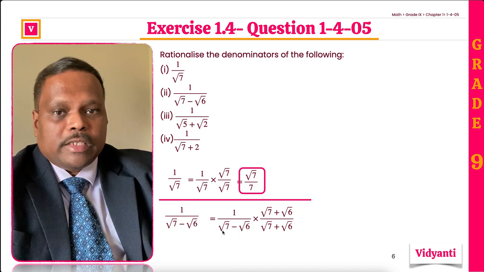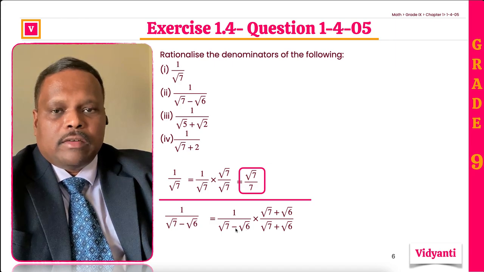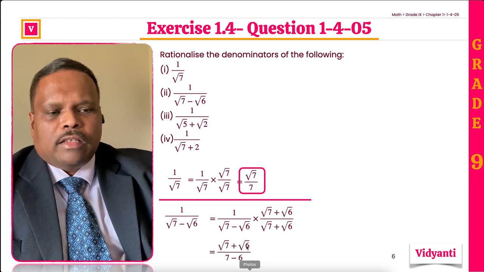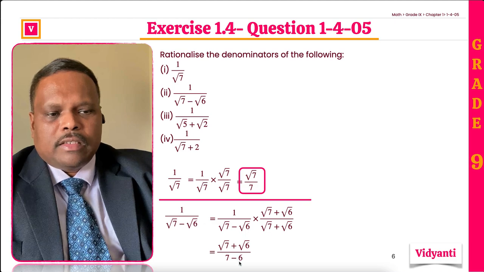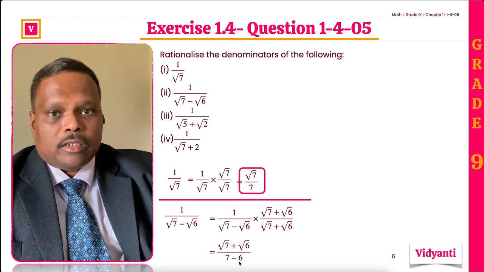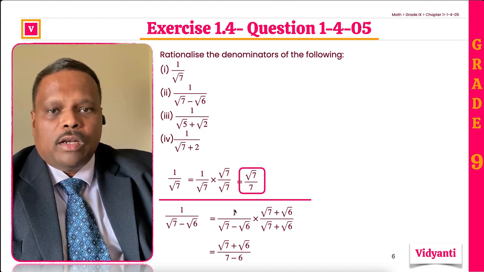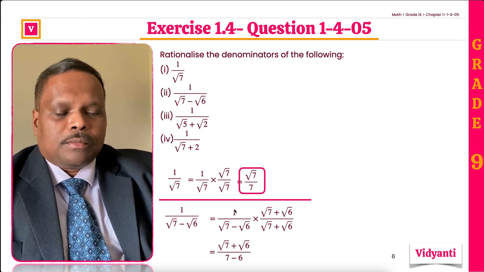Root 7 square will be 7. Root 6 square will be 6, and the middle sign will be minus. And in the numerator, 1 times this number is the same as this number. So the answer will be 7 minus 6 in the denominator, because a square minus b square, and in the numerator, it just retains this particular part because multiplying by 1 does not affect anything.